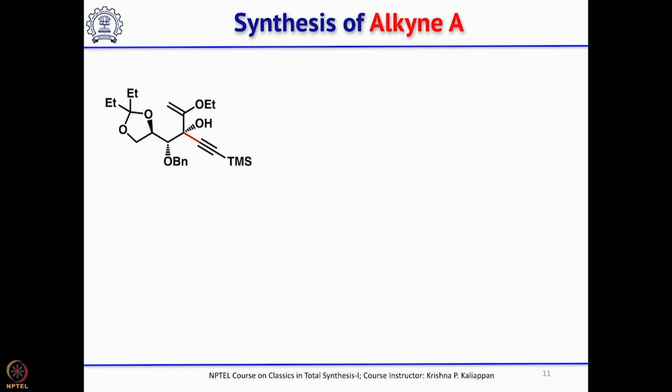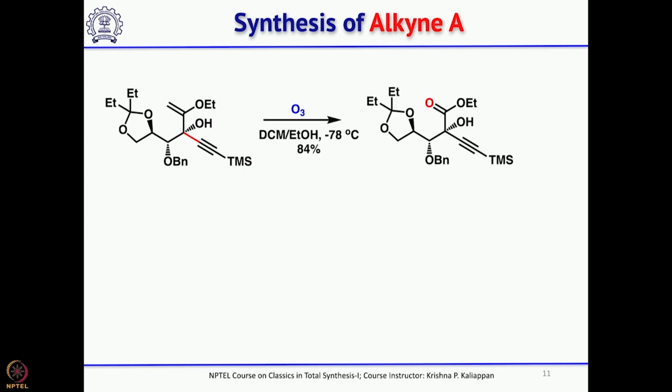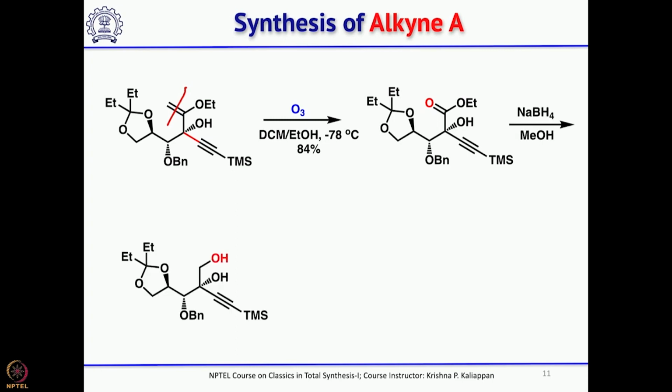That one is achieved using this addition of TMS acetylene. Then one can ozonolyze the double bond, that is the enol ether is ozonolyzed to get the ester, followed by reduction with sodium borohydride in methanol. The ester group is fully reduced to the corresponding alcohol.